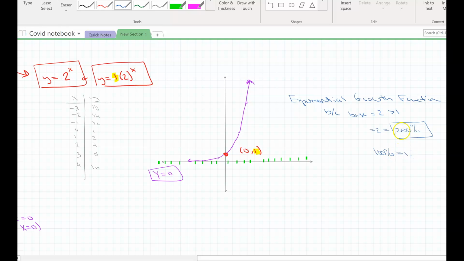So 200% means that something is growing by 100%. Sometimes when the base is 2 or when the rate of growth is 100%, we call it a doubling situation, like a doubling time situation, where every period of time that has elapsed, the quantity doubles.